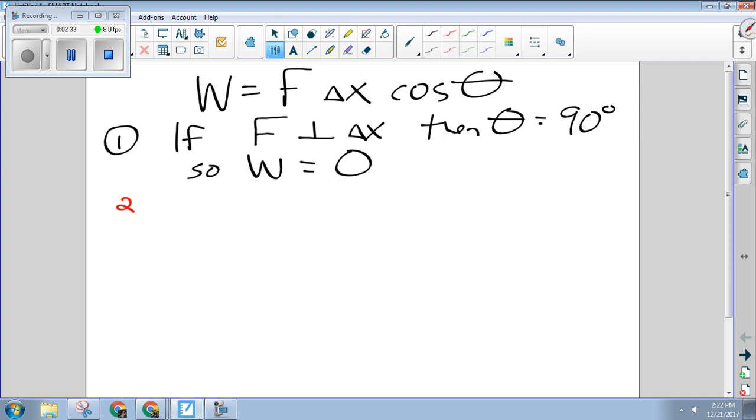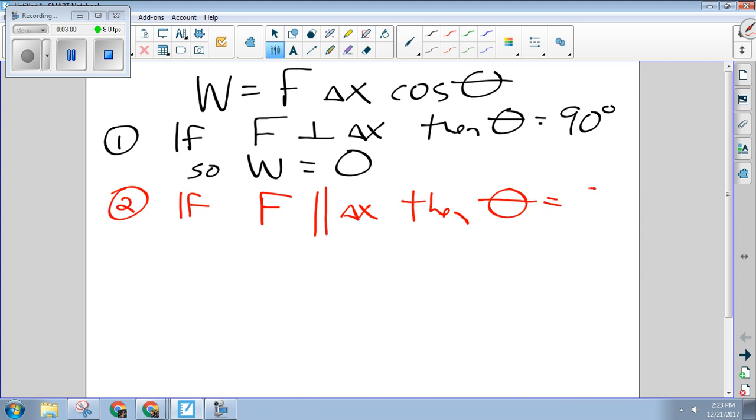Now, second possibility. Point for me. Which way was I pushing it? This way, right? Which way is the displacement? This way, right? So displacement, force of Hecker. What's the angle between those two vectors? 0. If your force is parallel to your displacement, then the angle between them is 0 degrees.